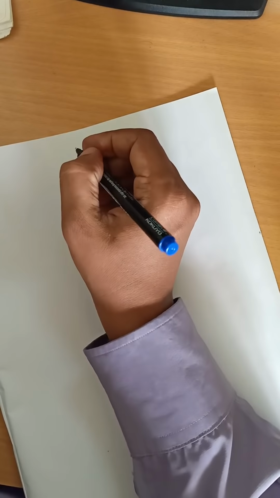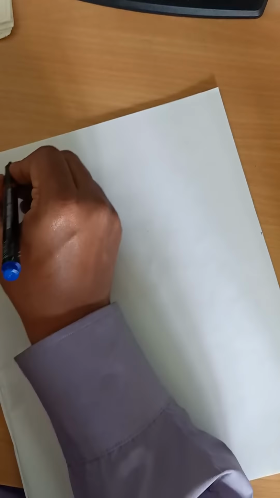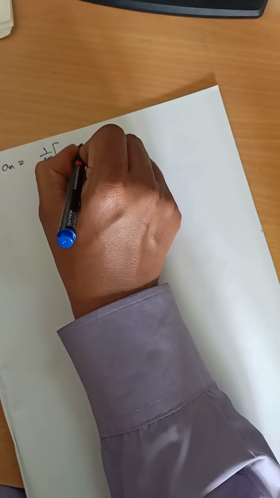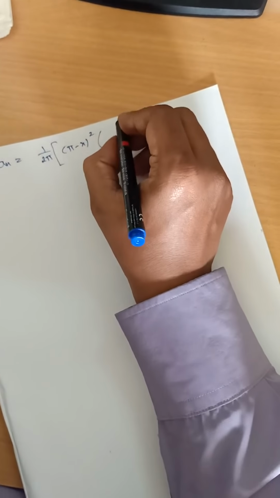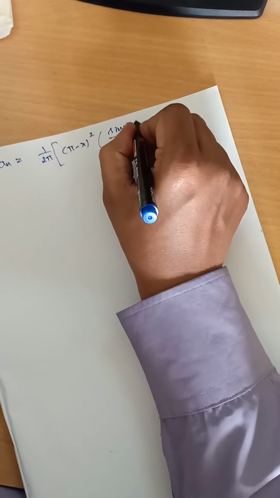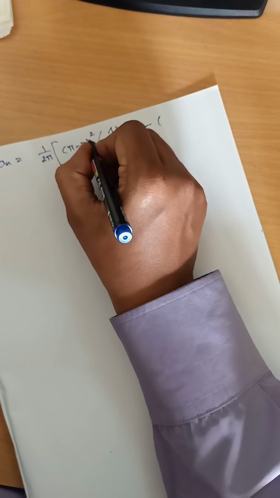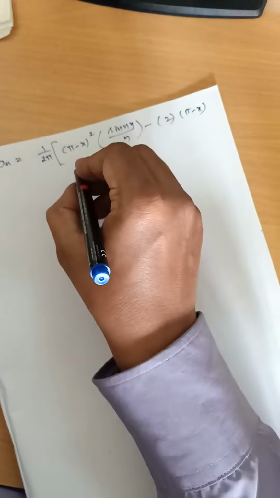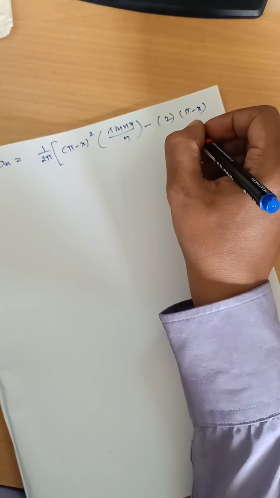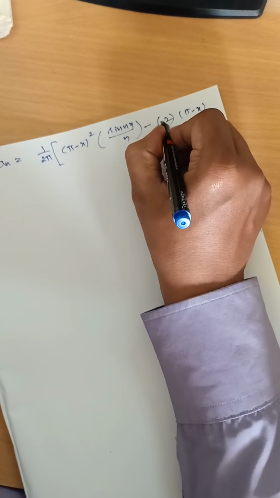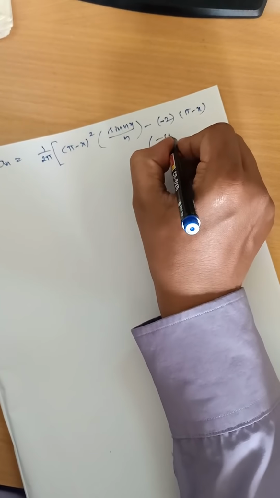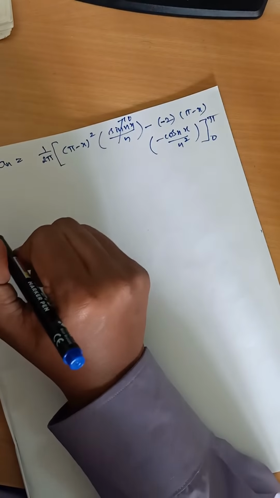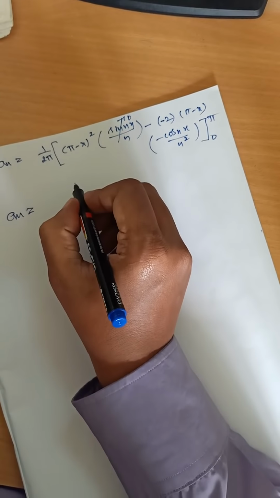First function is pi minus x whole square, second function is cos nx, that is an is equal to 1 by 2 pi common, pi minus x whole square, integral of second function is sin nx by n, minus derivative of pi minus x whole square is 2 into pi minus x power 1 into derivative of minus x is minus 1, that is here you put minus, into minus cos nx by n square, 0 to pi.